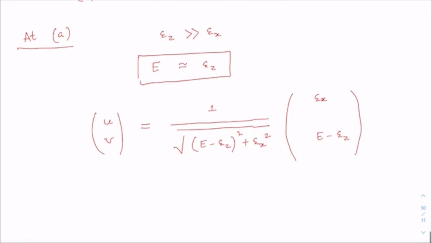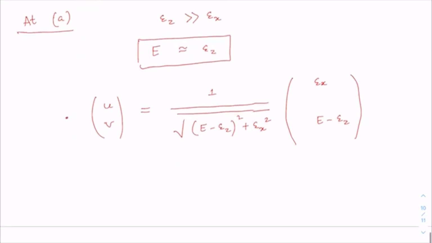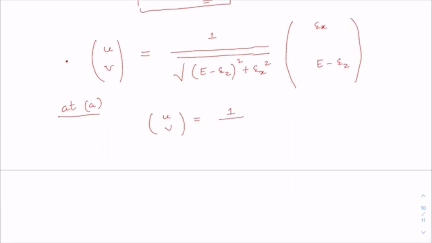Now at point A, capital E is equal to epsilon z, and therefore I will get 1 by epsilon x here, and here it would be epsilon x and 0, so it would be simply (1, 0).